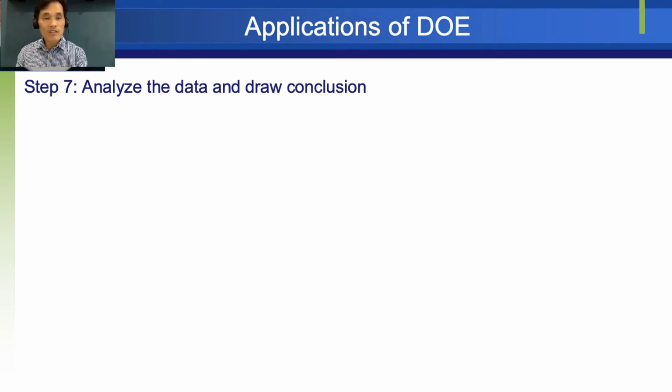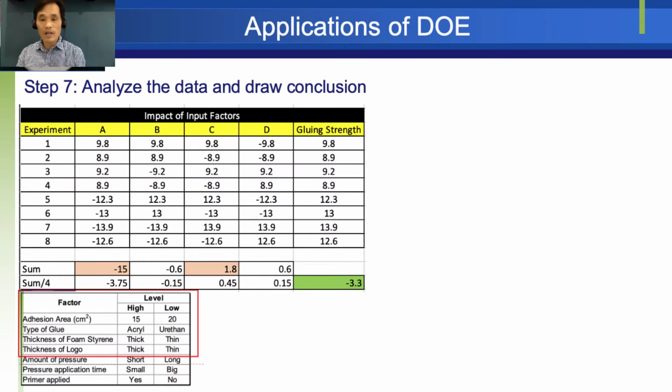Step 7, analyze the data and draw conclusion. Step 7 is for analysis of the data. Plus signs need to be replaced by the gluing strength of this one. 9.8 is the average that we had.